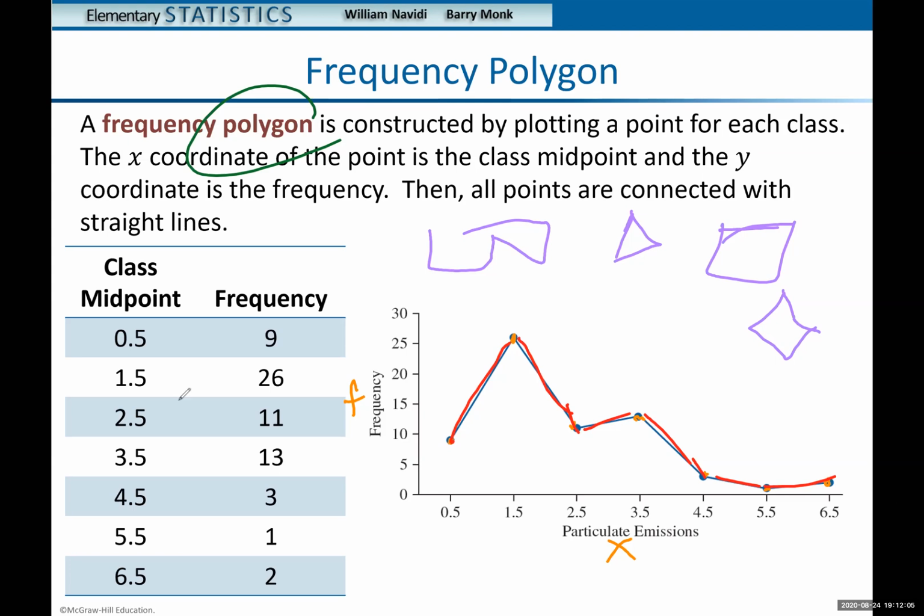Since your class width here is 1, 0.5 minus 1 is negative 0.5 here. And if you add 0.5 here, it's going to be 7.5. And then you can close it here to make it a polygon.